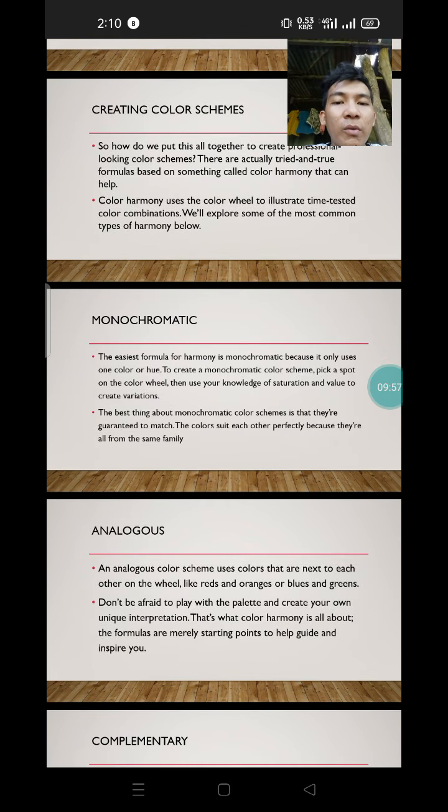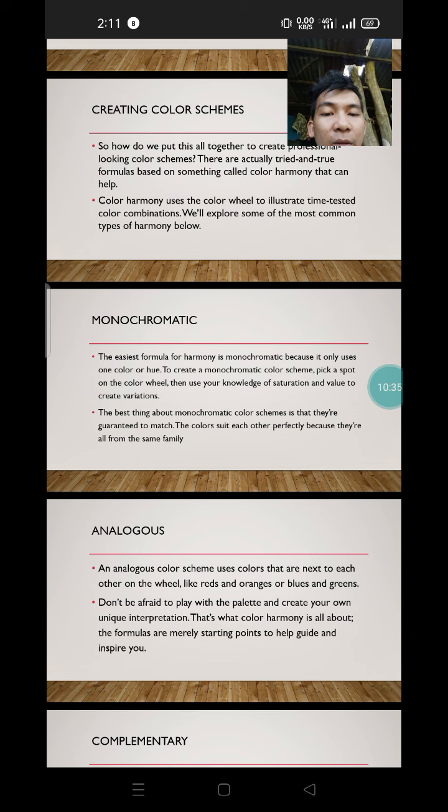Monochromatic. The easiest formula for harmony is monochromatic because it only uses one color or hue. To create a monochromatic color scheme, pick a spot on the color wheel, then use your knowledge of saturation and value to create variation.